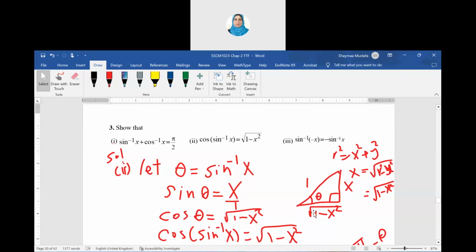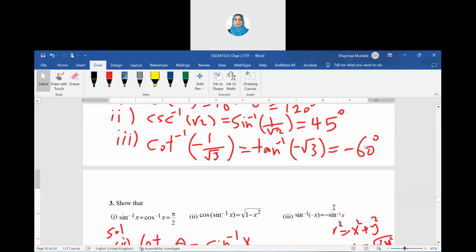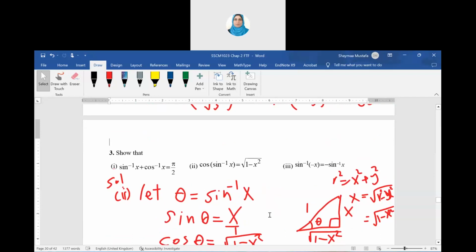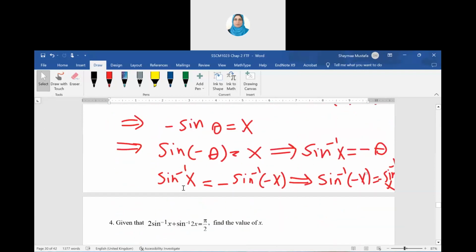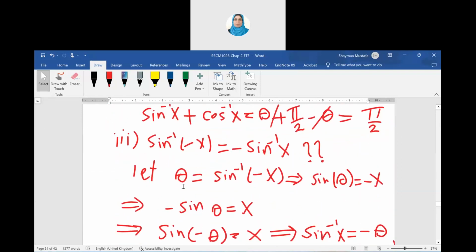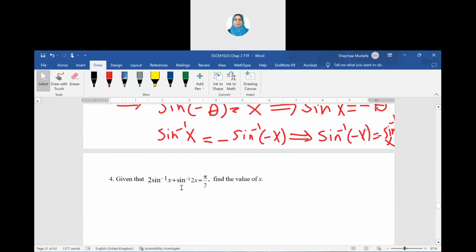Cos is the adjacent over hypotenuse, which is the root of 1 minus x squared over 1. And the third one, use the identity that sine minus theta is equal to minus sine theta. We will use this one to prove that sine inverse minus x is equal to minus sine inverse x. So you can try at home. If you have any question before going for the next example.